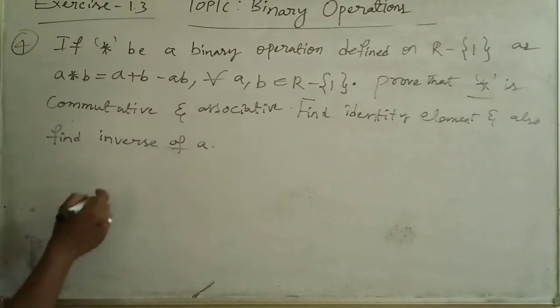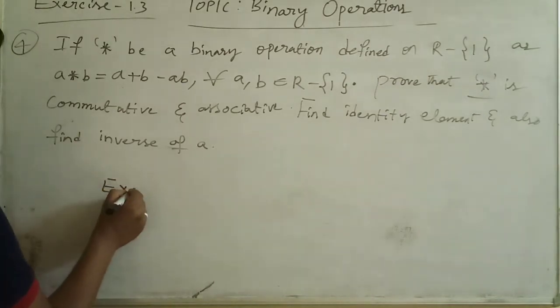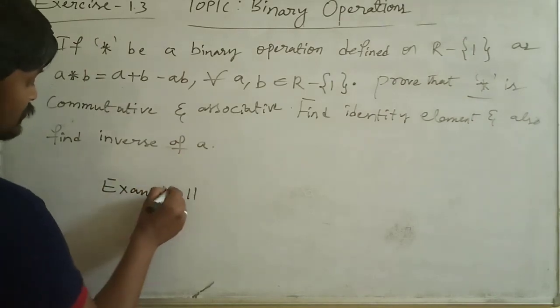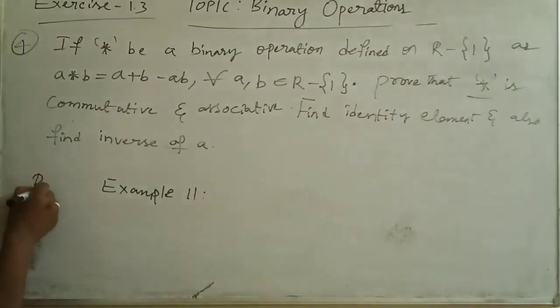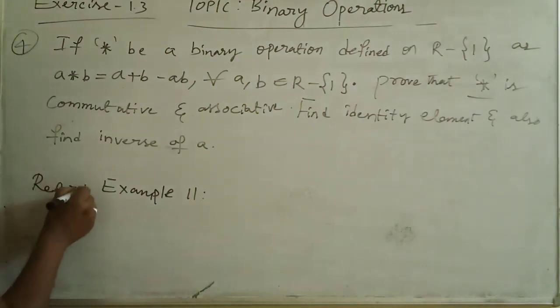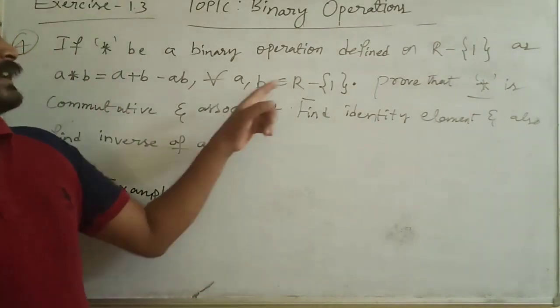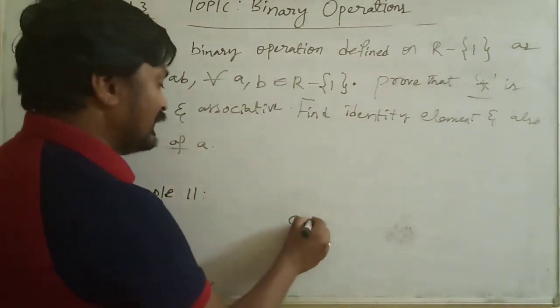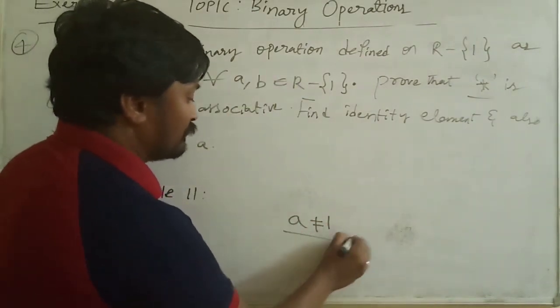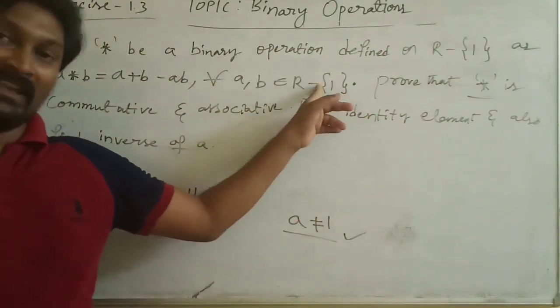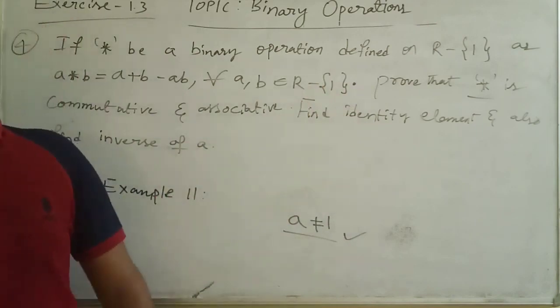In the textbook, it is example number 11. Example number 11 is the same, but only one small change they made: in that place they wrote A is not equal to 1, here they wrote R minus of 1. The meanings are the same.